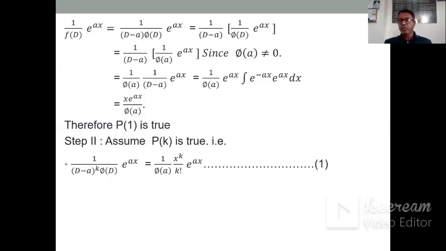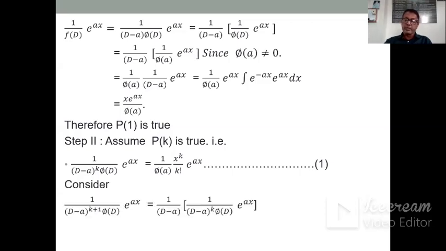This is our assumption. Now with the help of this, we want to show whether this result is true for k plus 1 or not. Means we consider the left hand side as 1 upon (D minus a) to the power k plus 1 into phi of D operate on e to the power ax.